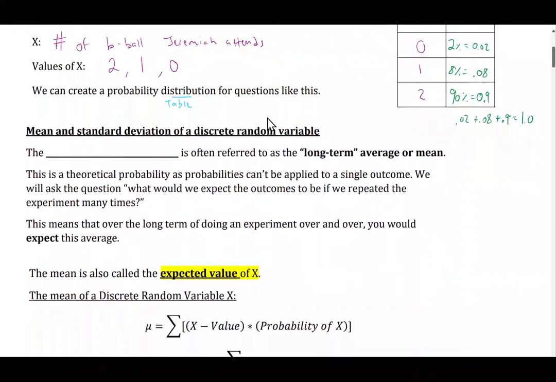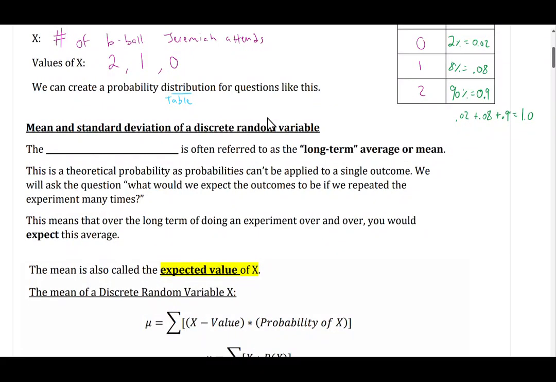All right, so the next thing we need to talk about is what is the mean? The mean and standard deviation of a discrete random variable. When we talk about the mean, since we're talking about predicting future outcomes of experiments, we're not necessarily talking about the average, as in we add them all up and divide. We're talking about what would we expect the outcomes to be.